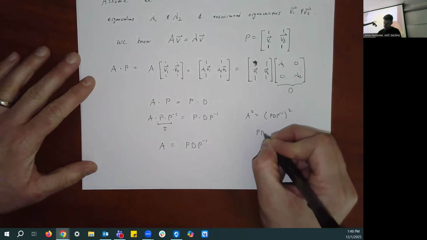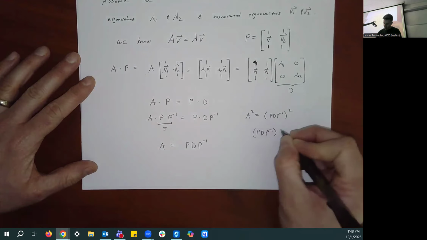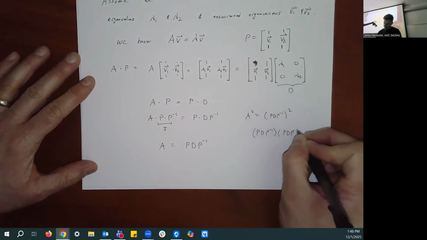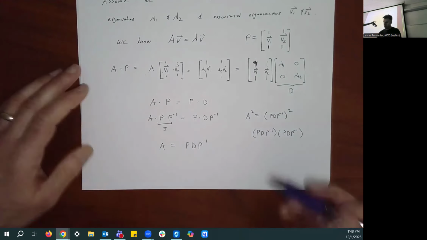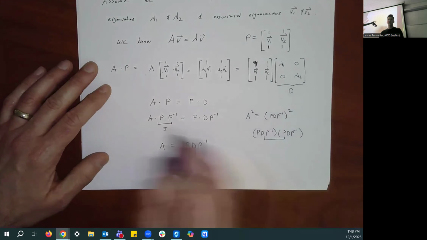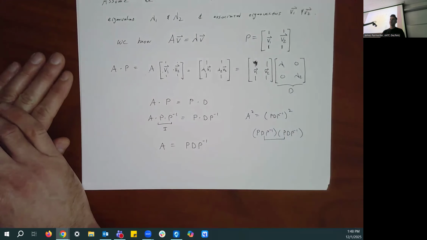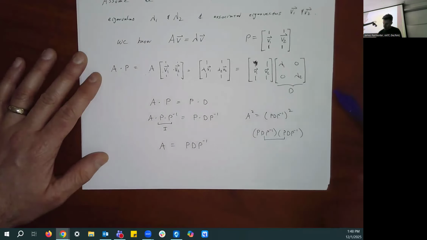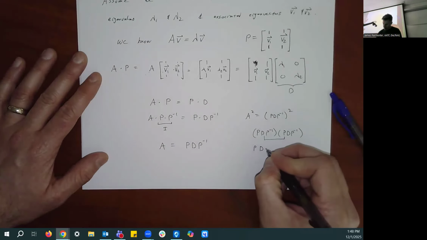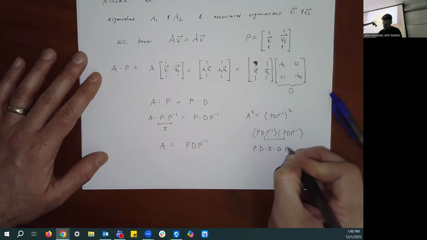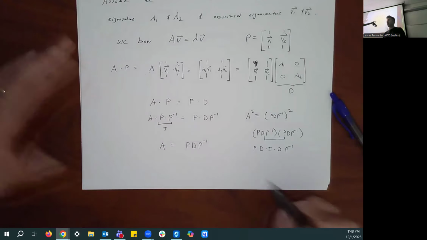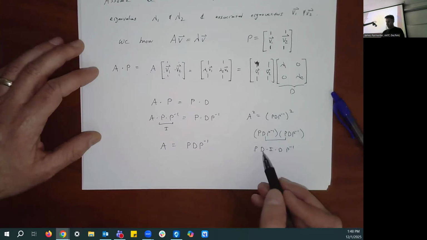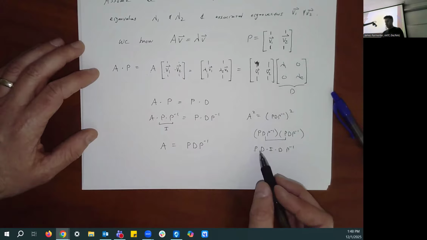We get PDP inverse times PDP inverse. But in the middle, we have P inverse times P, which is the identity matrix. So this really becomes P times D times the identity matrix times D times P inverse. I don't care about the identity matrix. It's not changing anything. Let's multiply by 1. So I have P times D times D times P inverse, or P times D squared times P inverse.